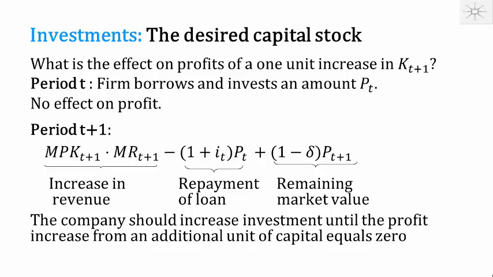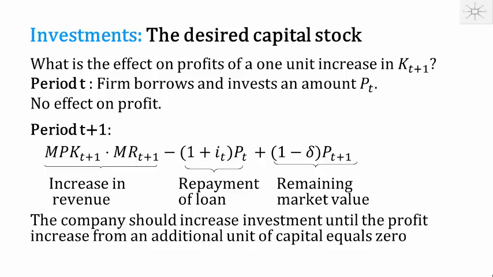But a share delta has gone away. So the remaining market value is 1 minus delta times the price next period. So these are the effects on profits next period if we borrow and invest this year and produce and then repay the loan and sell the remaining capital next year.